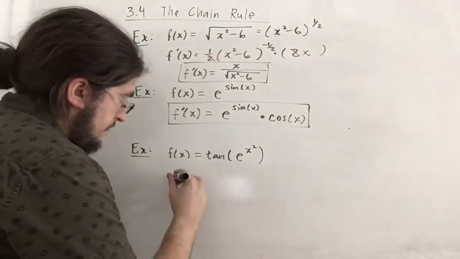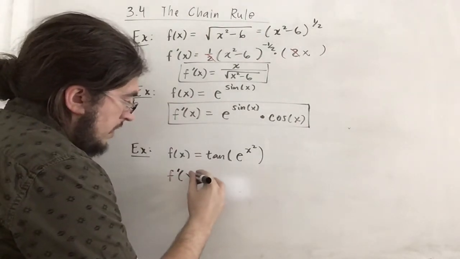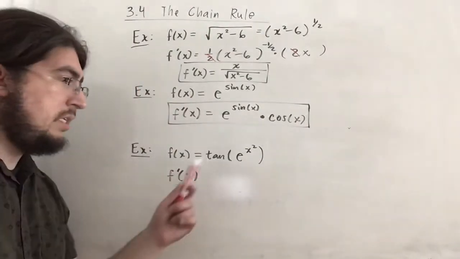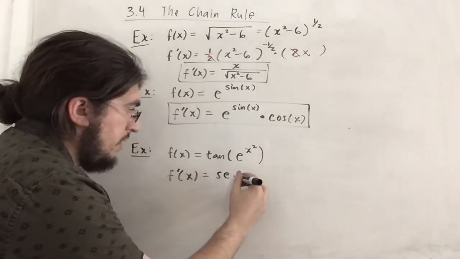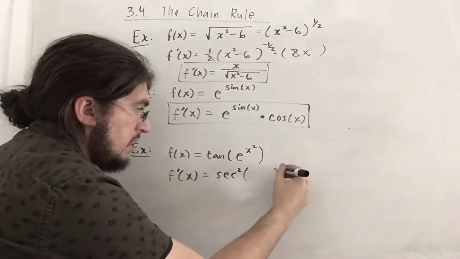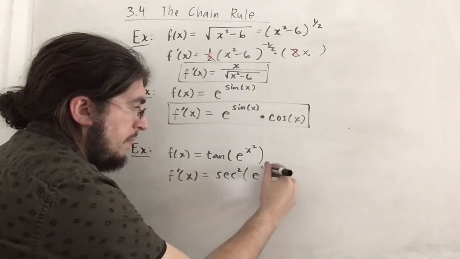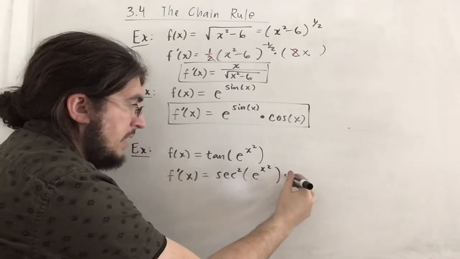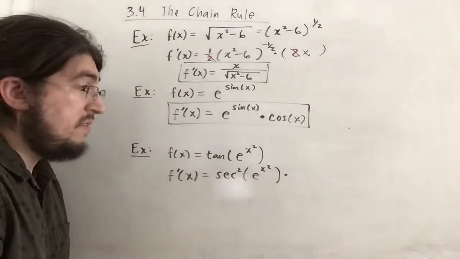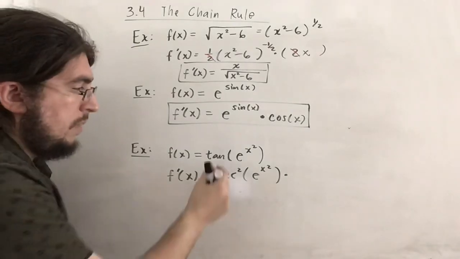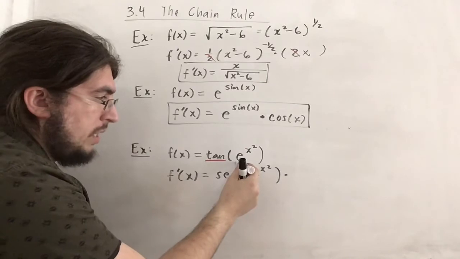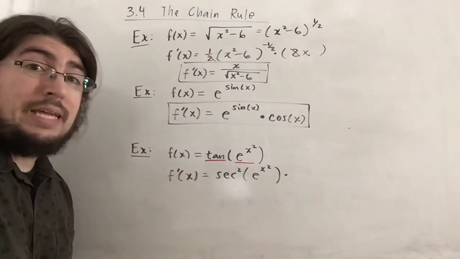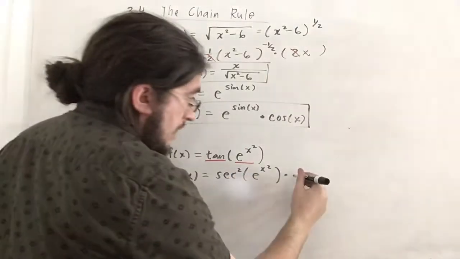So first we're going to start with the outermost function, which is tangent. Derivative of tangent is secant squared of the original inside, e to the x squared, times derivative of that inside. So it's almost like we started here, and now we're on this layer. Derivative of e to the something is itself, so it's e to the x squared.